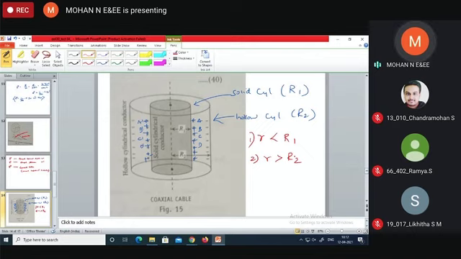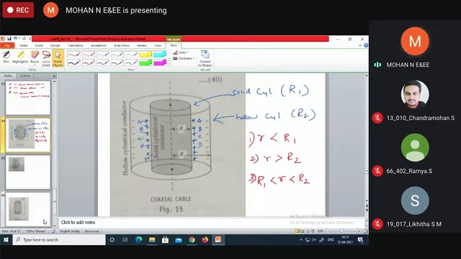One more region is between the two cylinders, that means R is greater than R1 and less than R2. These are the different regions you can define for this coaxial cable.